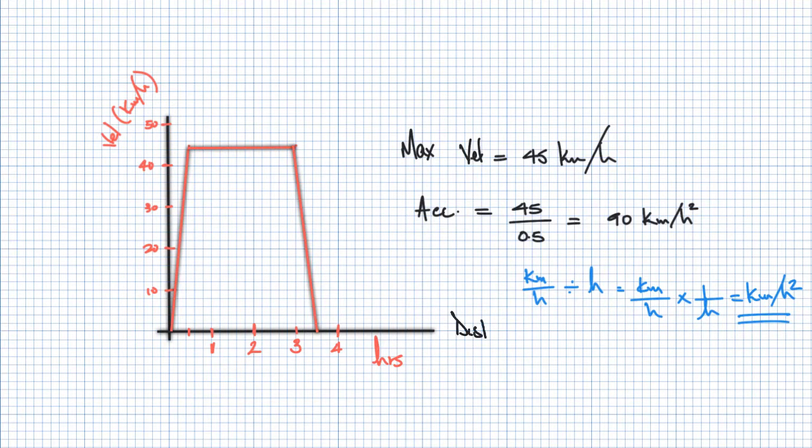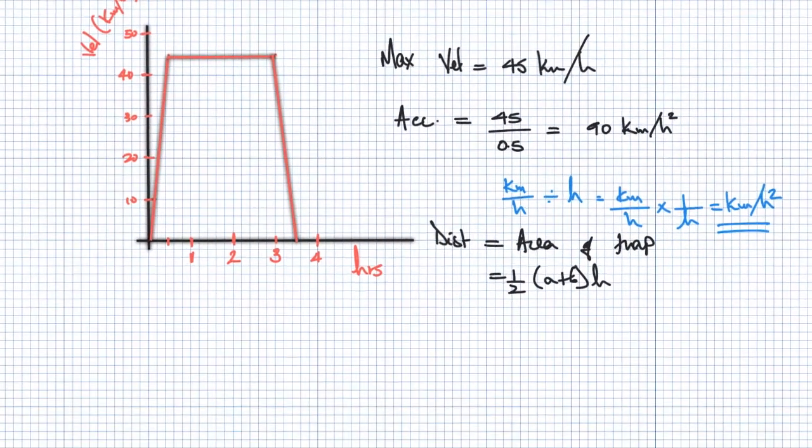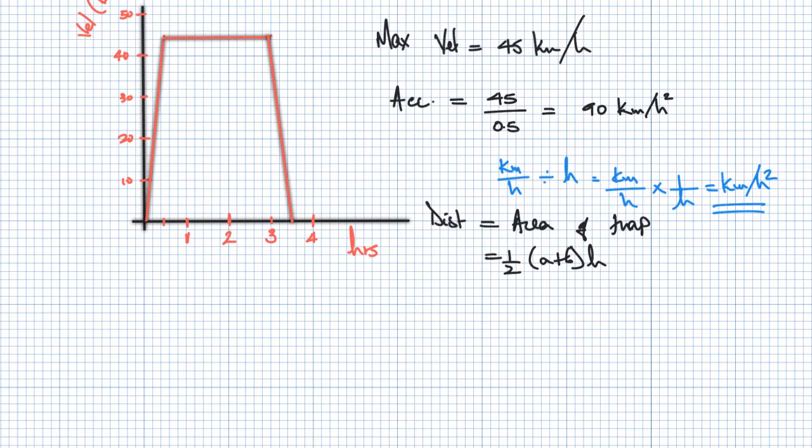So the total distance traveled is the area of your trapezium, which, as we mentioned before, is the area of that. Now, if you remember your formula for the area of a trapezium, it's a half the sum of the parallel sides times the height, or the distance between the parallel sides. So be very careful with what you put in here as well. So that's a half. Let's have a look at what's happened here.